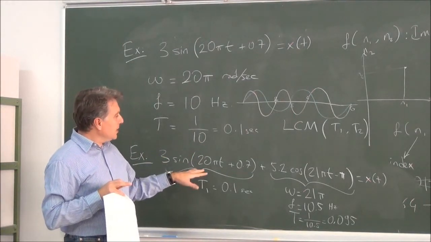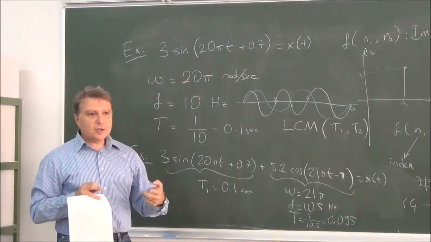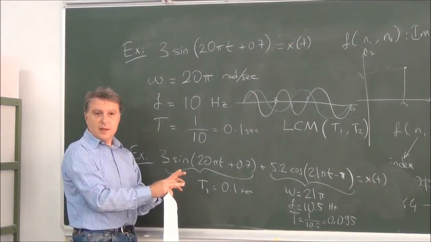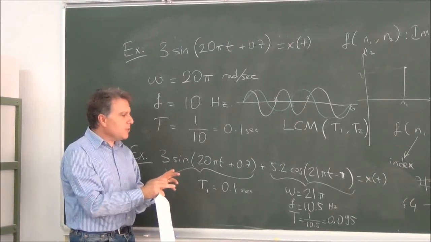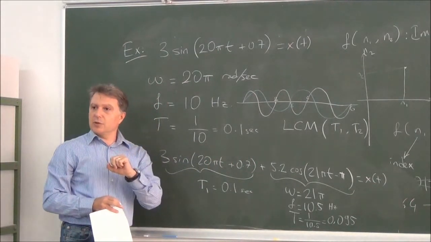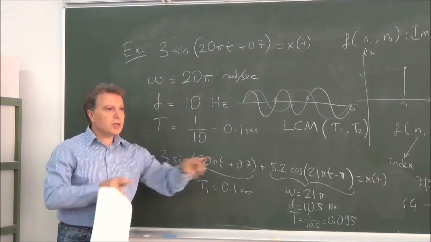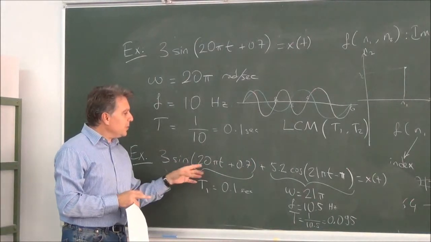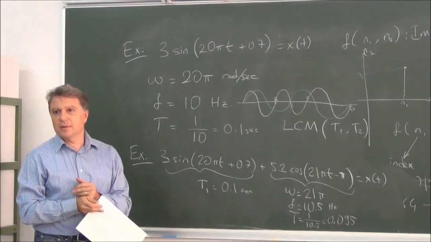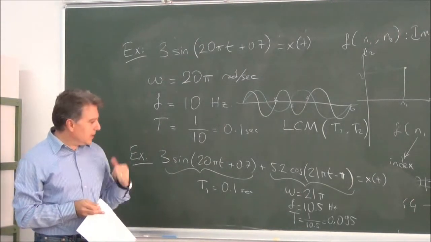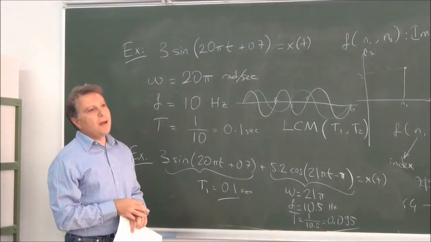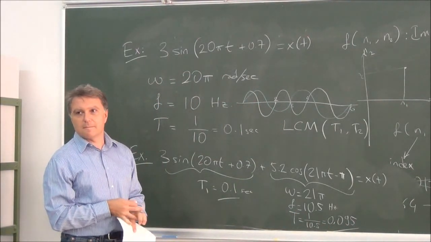And interestingly, since t will be very large, 1 over t will be the frequency of the combination, which will be very small. So the fundamental frequency I'm talking about, not the frequency of individual terms, but the combined frequency, will not be as high as 20 or 21. It will be a very small number, probably, because the least common multiple of 0.1 and 0.095 is a large number.